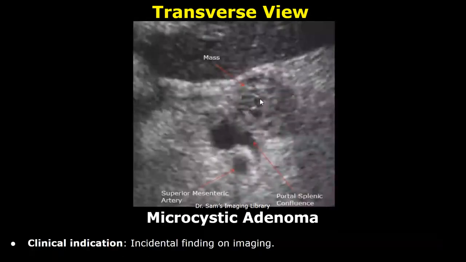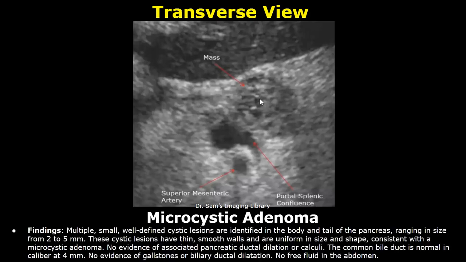A microcystic adenoma can also be an incidental finding on imaging. Its findings include multiple small, well-defined cystic lesions which can range from 2 to 5 millimeters. These cystic lesions have thin, smooth walls and are uniform in size and shape.